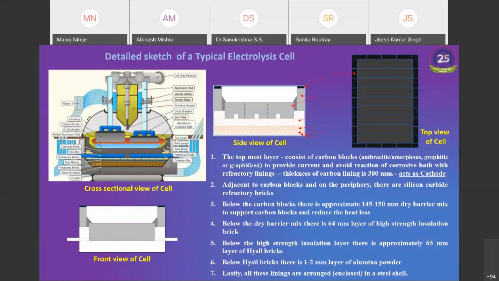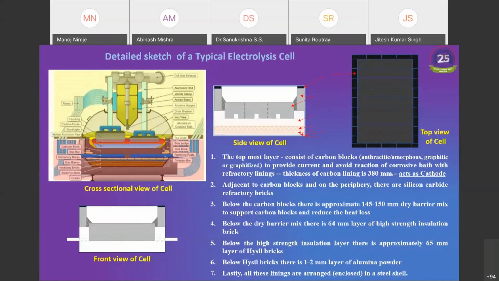The cross-sectional view is depicting the complete cross-section of an electrolytic cell, and this electrolytic cell is divisible into two parts.